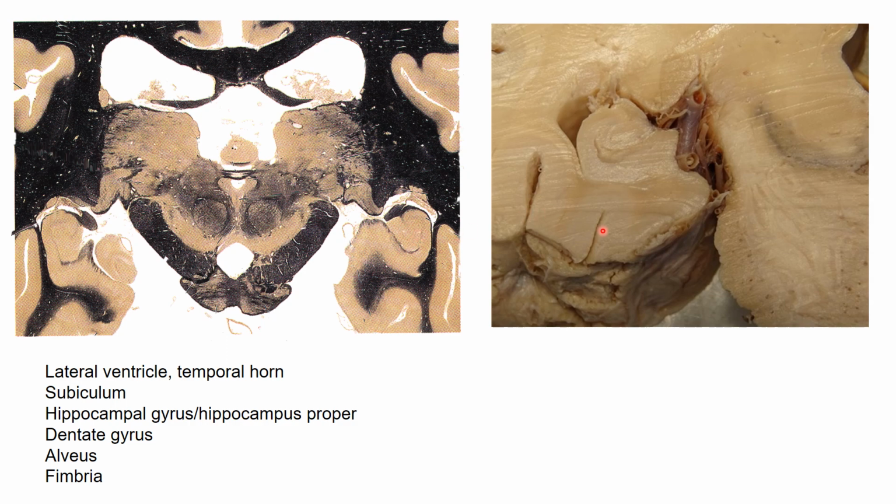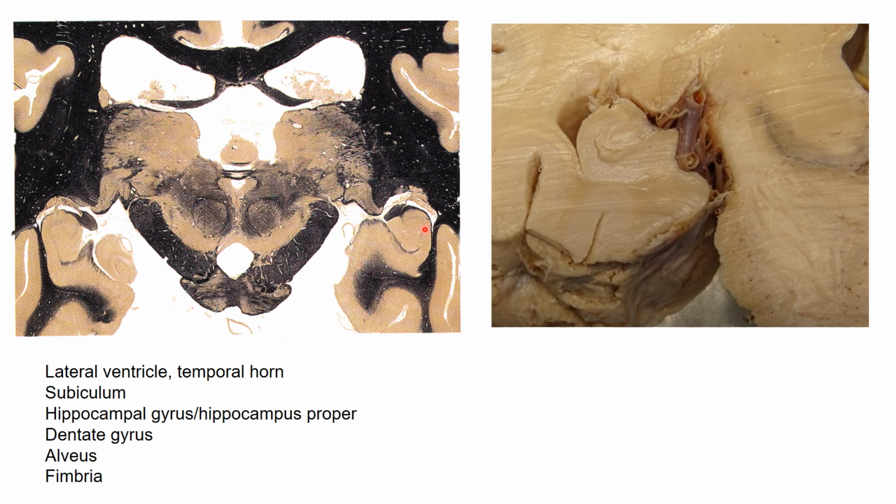And so we can look over here closer. This is going to be our screen left side of the brain. So we have our subiculum folding up into our hippocampus proper, and then our middle little dentate gyrus right here. And now some parts that are sort of part of the hippocampus but are also named as parts of the fornix, which we'll look at in a minute, are the alveus and fimbria.